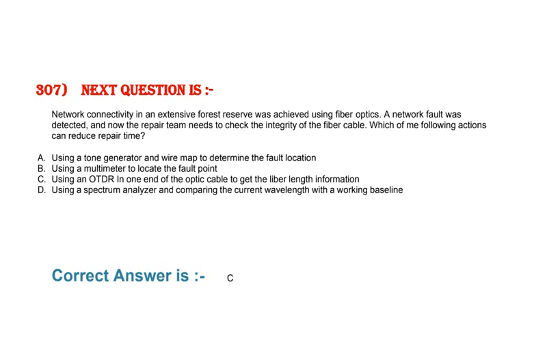Option B, using a multimeter to locate the fault point. Option C, using an OTDR in one end of the optic cable to get the fiber length information. Option D, using a spectrum analyzer and comparing the current wavelength with a working baseline. Correct answer is option C.